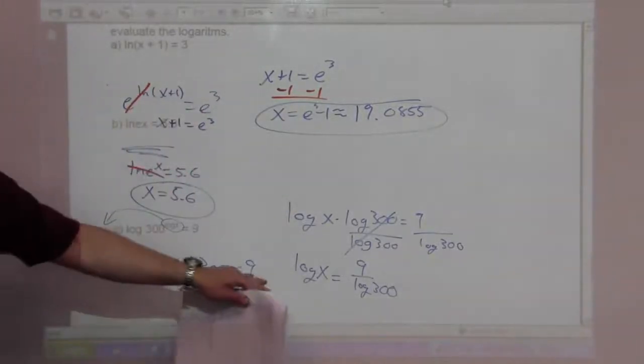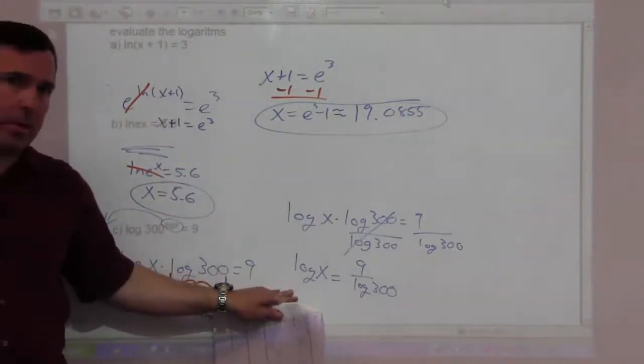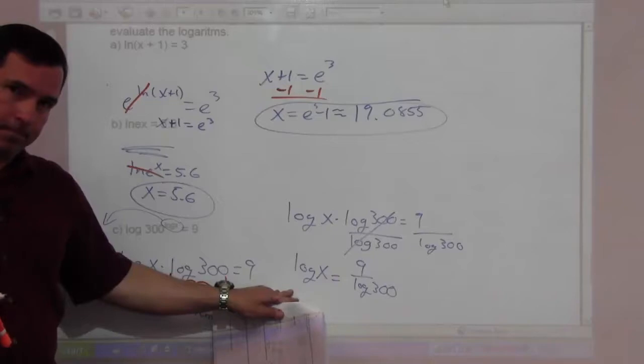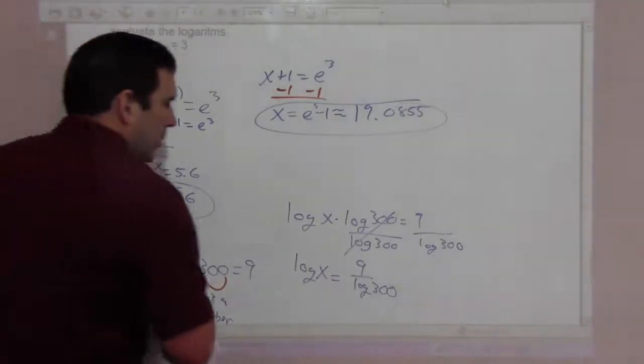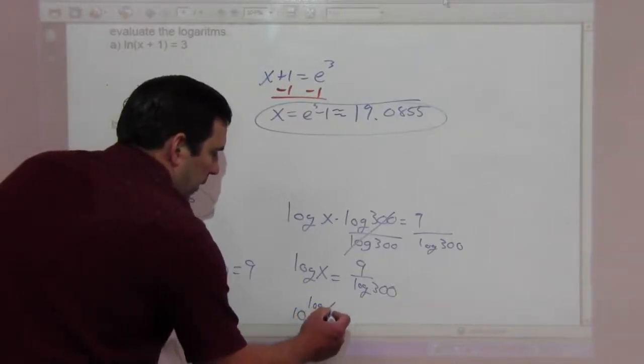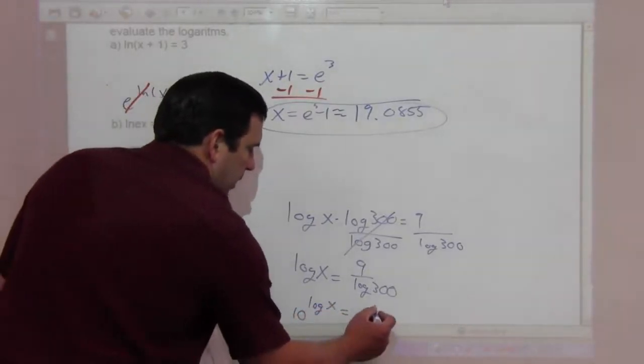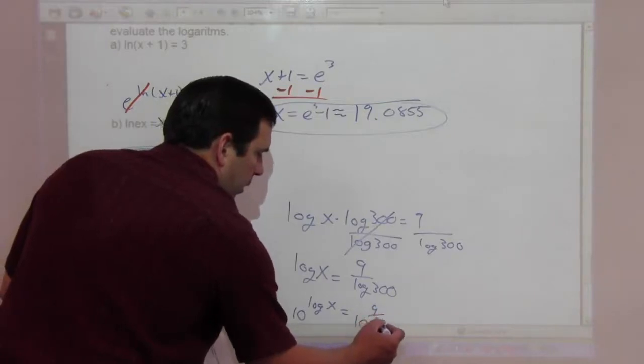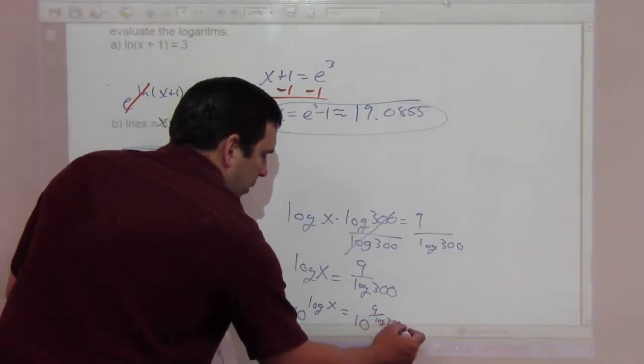Now common log has a base of what? What's the base for common log? We talked about that in the previous page. You're right, 10. So you could say 10 to the common log of x equals 10 to the 9 over common log of 300.